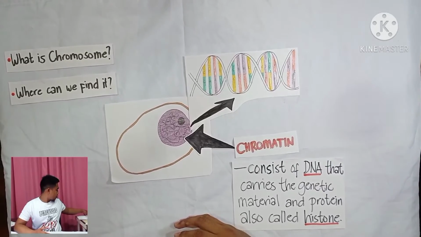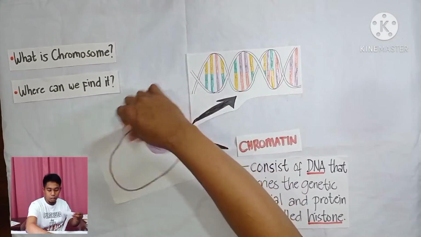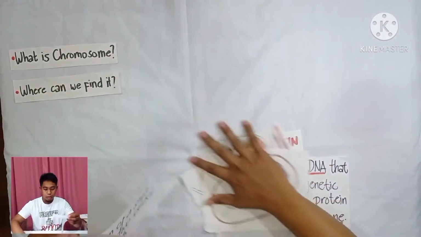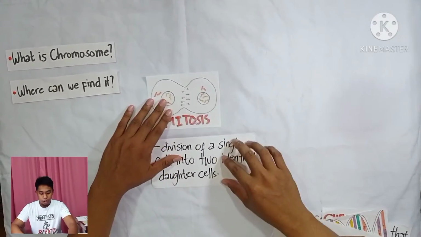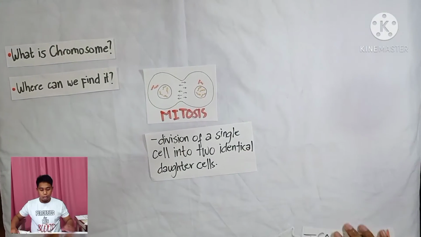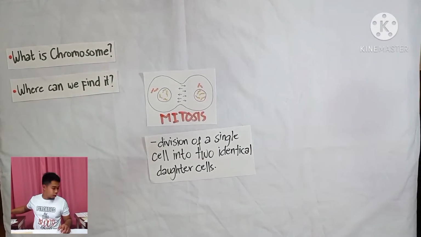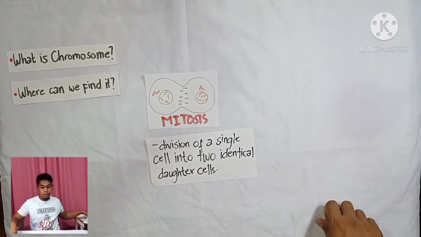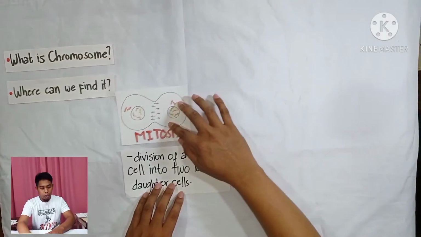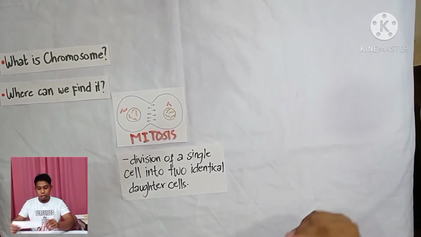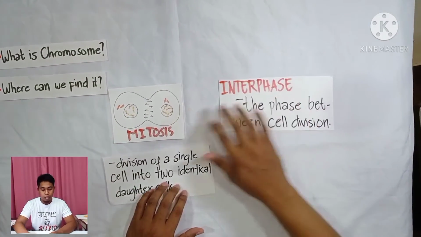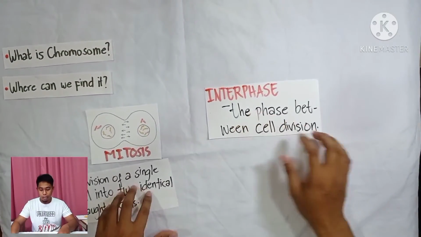Mitosis is the division of a single cell into two identical daughter cells. Before entering into mitosis, the cell must first enter a process called the interphase.